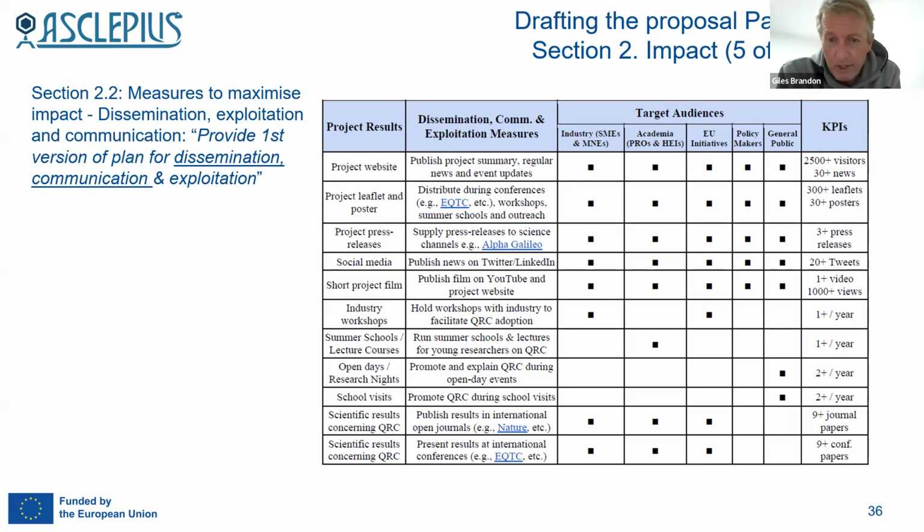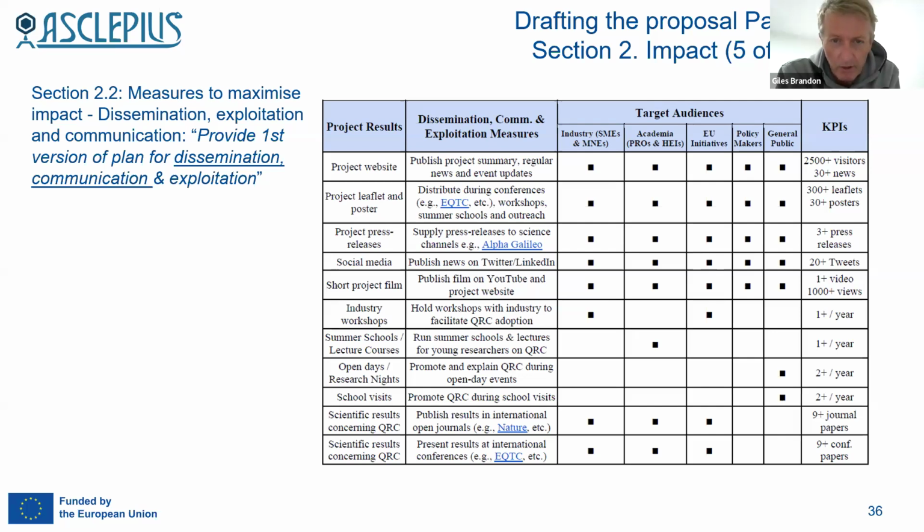Nevertheless, this is a proposal about something called quantum reservoir computing. It can easily be adapted if you're doing a proposal about phages. The thing to note in the first column, where it says project results, is that it's all pretty generic and could be about any field of science and technology.